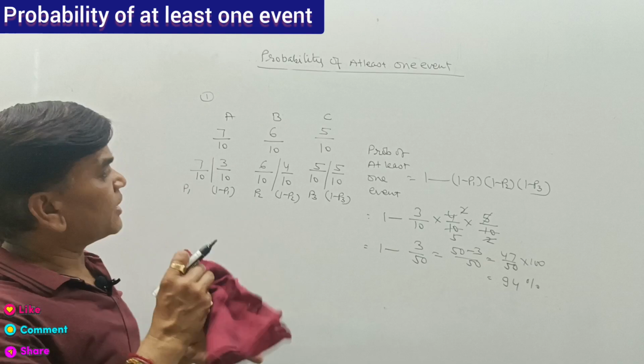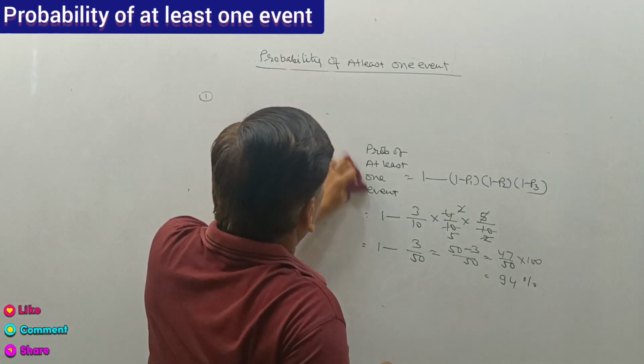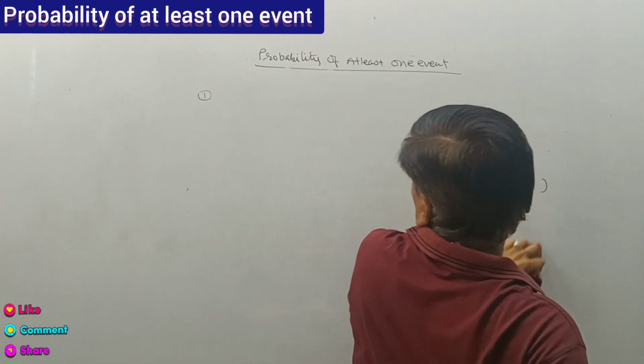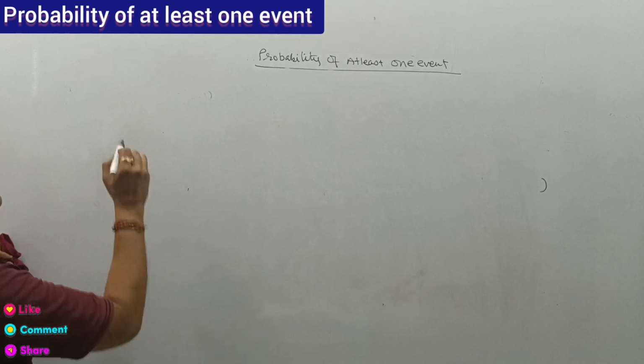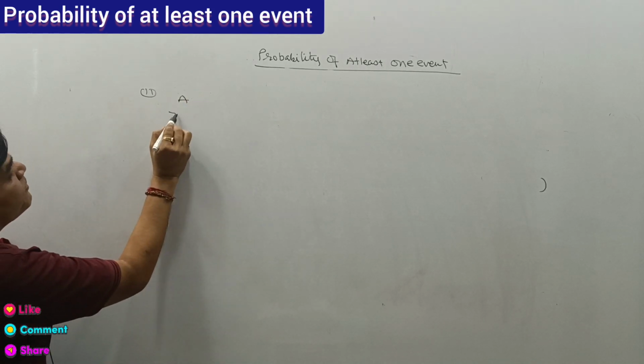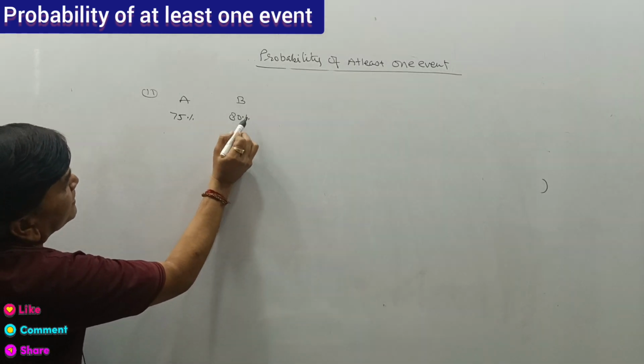One more question related to this. Question number two: A speaks truth in 75% of cases and B speaks truth in 80% of cases.